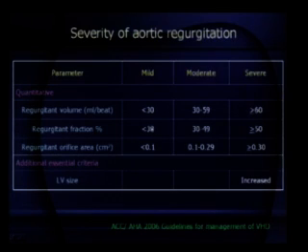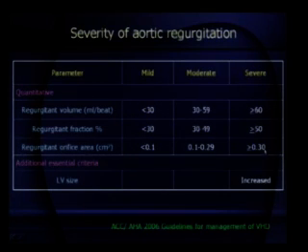Similarly, if you have regurgitant fraction, then less than 30 is mild, 30 to 49 is moderate, and more than 50 is severe. If you are looking at regurgitant orifice area in centimeter square, then less than 0.1 is mild, 0.1 to 0.29 is moderate, and 0.30 is severe.